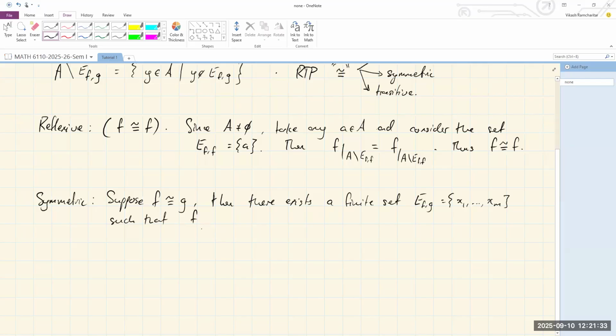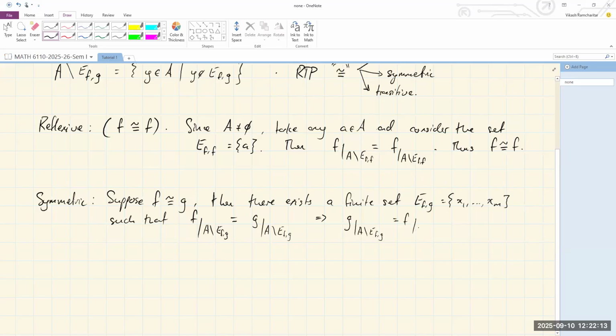if I look at the function f only on the set A and I remove from A these finite points, that's what the restriction of a function to that set means. So since f is related to g, it means that this function is equal to the function g restricted to the same set. But remember, equality, I could just flip these functions around. So that implies that g restricted to the set is equal to f.